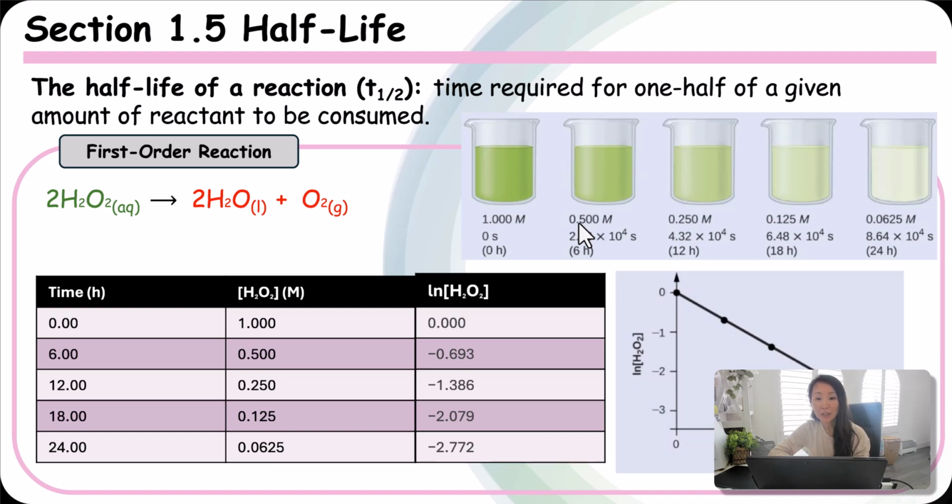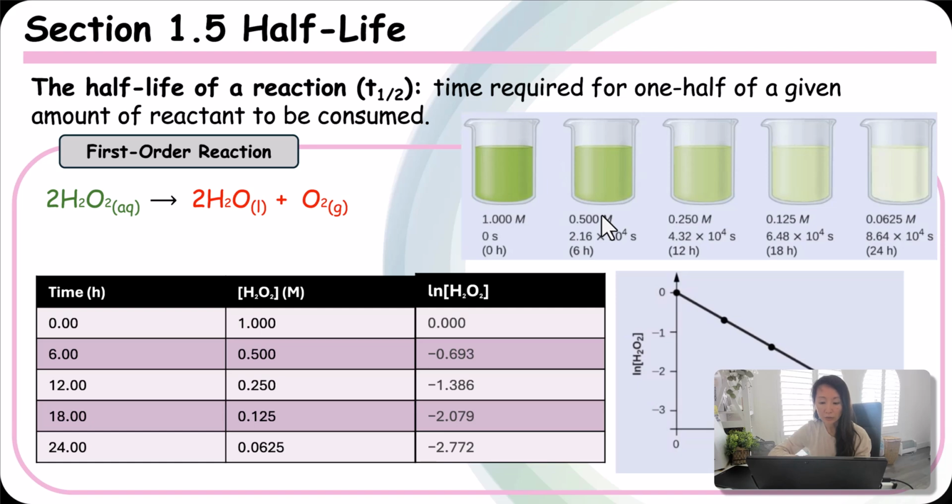The time it took for this reaction to occur, where peroxide decomposes to water and oxygen, took 6 hours. Then another half-life has passed, another 6 hours, and you see that the concentration is now divided by 2 from the 0.5.